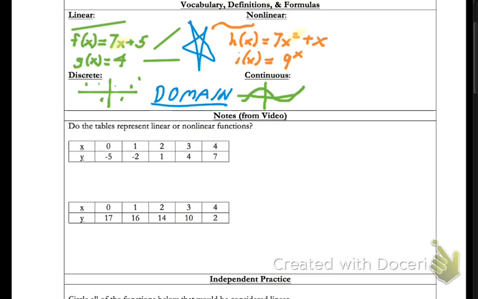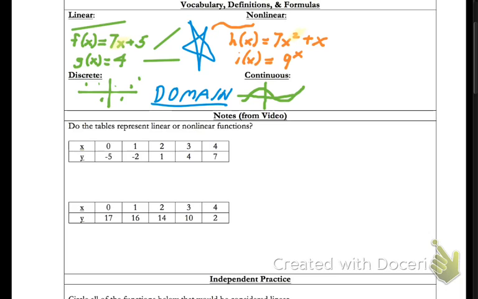I'll give you an example of discrete domain. We go to the store and buy a shirt. We buy one shirt, we buy two shirts, we buy three shirts, and so on. That's a discrete domain because we're only using domains of 1, 2, and 3, and so on. A continuous domain would be like going to the store and buying 1 shirt or 1.1 shirts or 1.2 shirts or 1.3 shirts. We know that that doesn't make any sense, and so that's the reason for those two words.